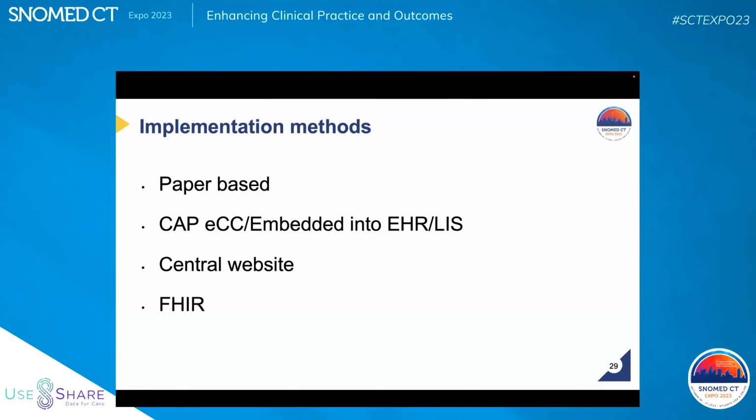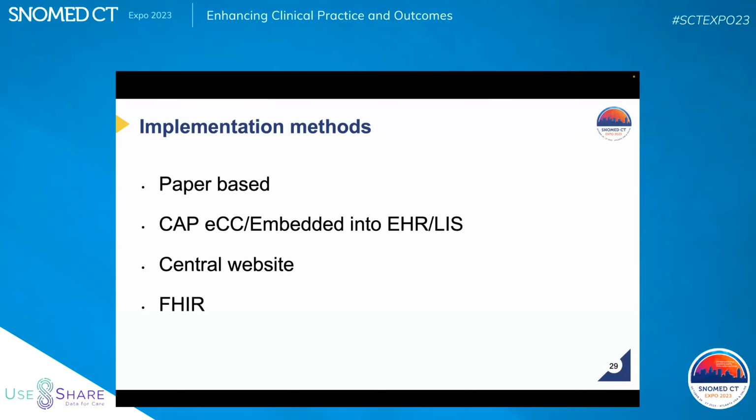There's what I call the distributed method, and this is what the CAP used. This is where there's an electronic structure for the synoptic and a package that can be ingested into an electronic health record system, which then uses its native application to display the data collection form and record the data elements.